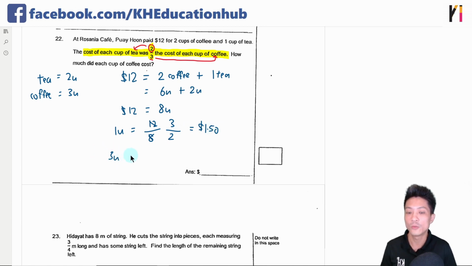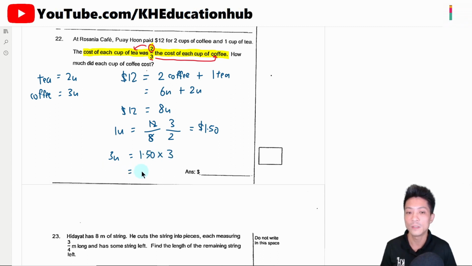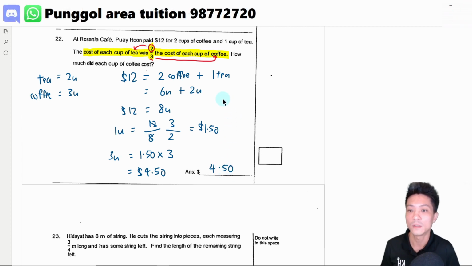So to find 3 units is basically 1.50 times 3. If you do your multiplication, it's gonna give you $4.50. So that's the cost of each cup of coffee.